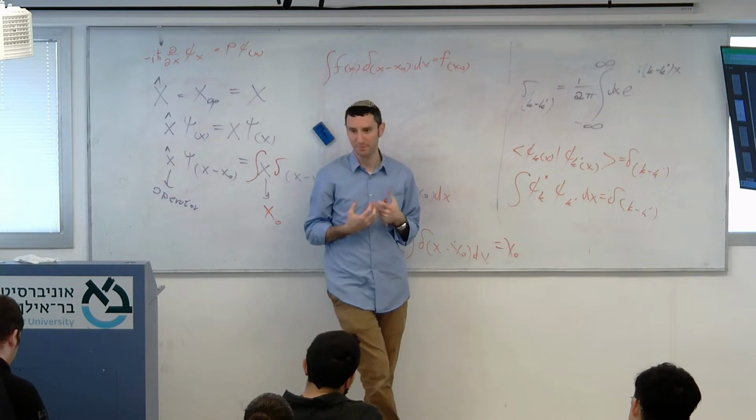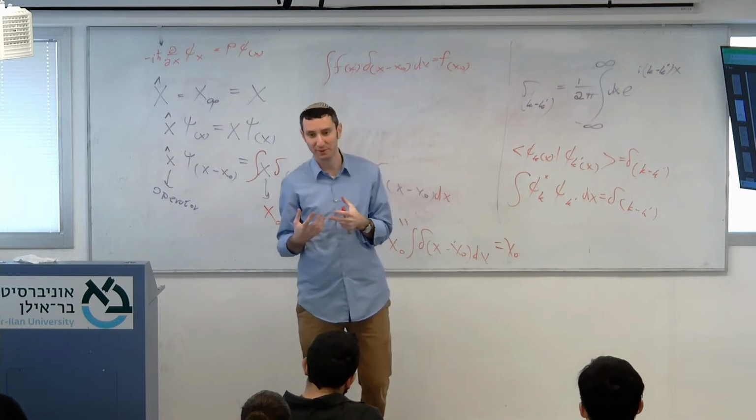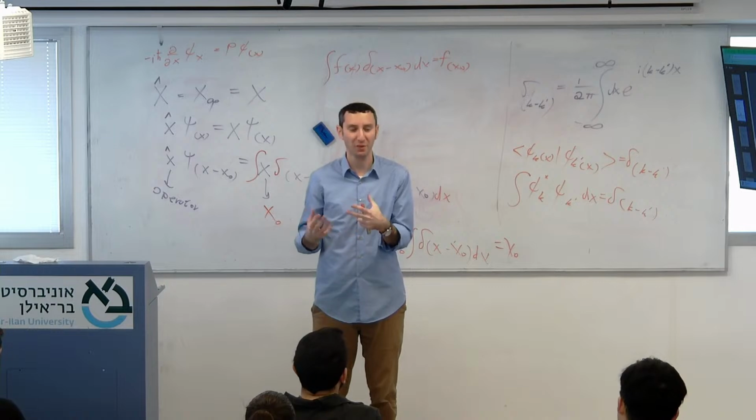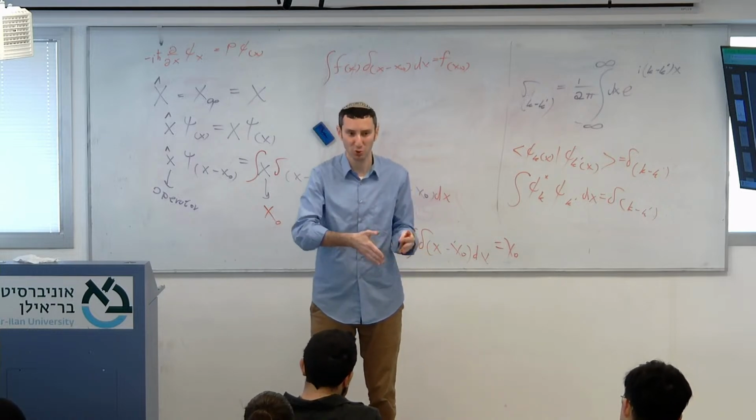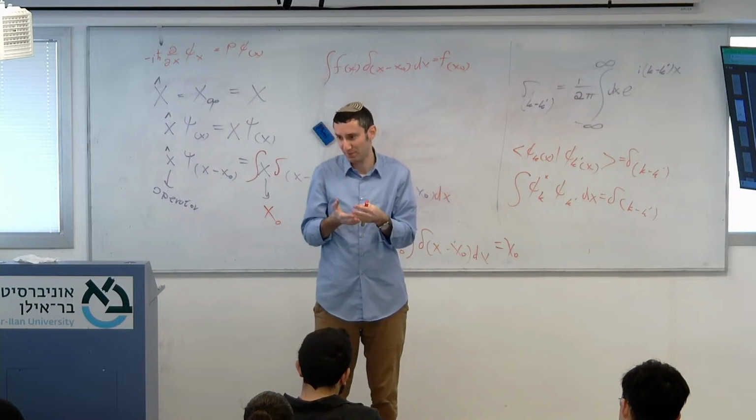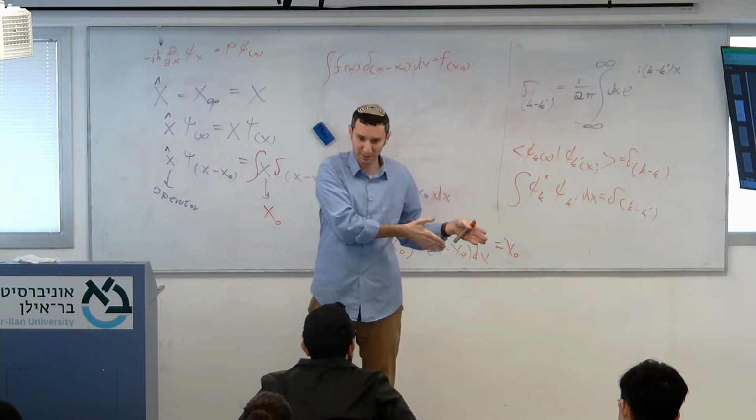When I am at an eigenstate, this is my value. Meaning, if I'm exactly at a specific location, x naught, so I am at a specific eigenfunction, delta of x minus x naught.